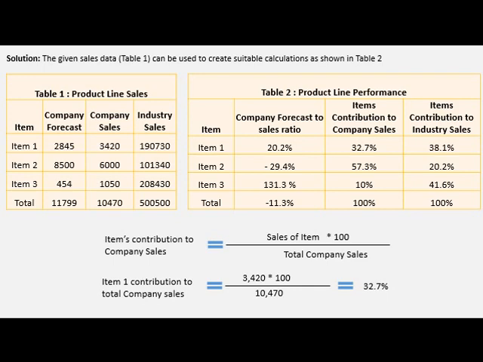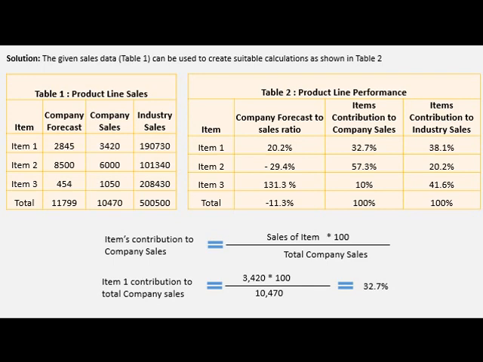The item's contribution to total company sales can be obtained by multiplying item's sales by 100 to express it in percentage terms and dividing it by total sales of the company. So, for item 1 it will be 3,420 multiplied by 100 and divided by 10,470, which results in 32.7%. Similarly, for item 2 it will be 57.3%. And for item 3 it will be 10%.